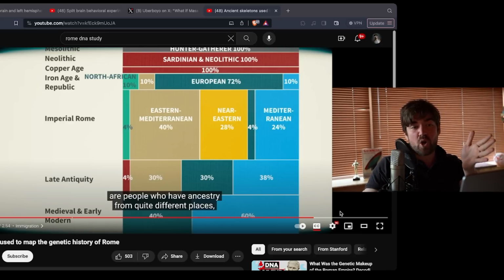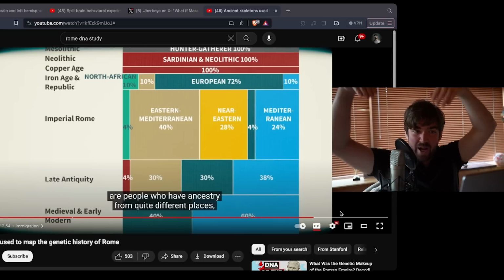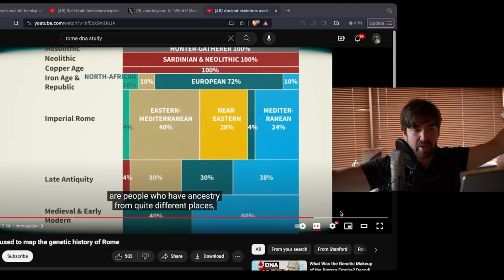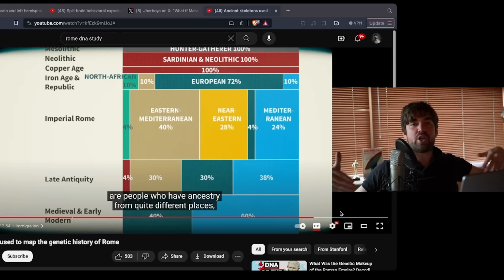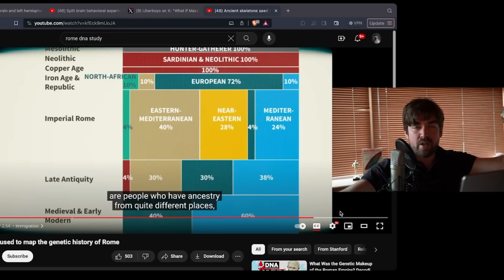Now this, of course, coincides with the return of the Goths. The Goths were the Germans from around about Sweden, Poland, obviously Germany. And they swooped down into Rome after the Roman political order fell apart. And they would have brought a huge amount more, you could say, Northern European blood into Rome during late antiquity, which transformed Rome yet again.